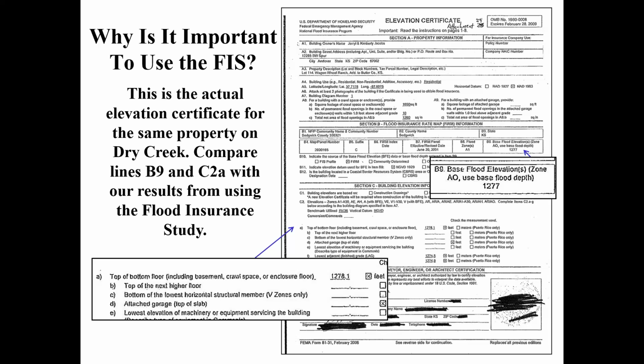So they ended up building the house 1.1 feet too low for compliance. And so that created a lot of issues, not only for their flood insurance costs, but obviously it's a violation that then has to be corrected. And this was not caught by the floodplain administrator.